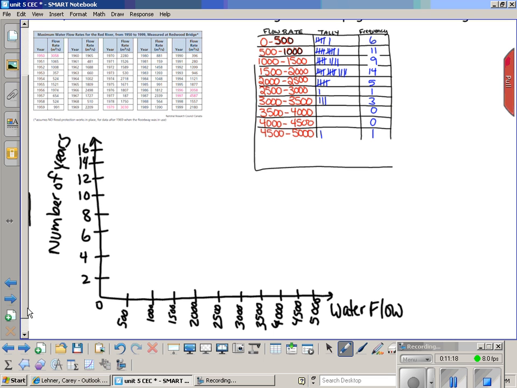So now what we do is we draw rectangular regions. From 0 to 500, we had a frequency of 6. So we draw in our first region, we draw a rectangle and we shade it in. So that tells us in the interval 0 to 500, this occurred 6 times. From 500 to 1,000, it occurred 11 times. So then we shade in our area. From 1,000 to 1,500, we had 9.